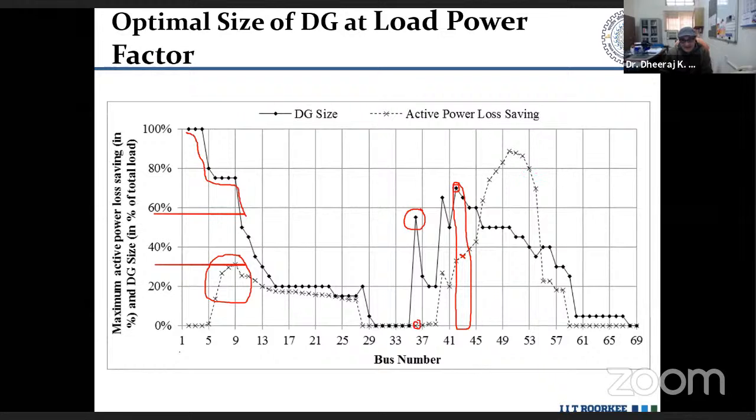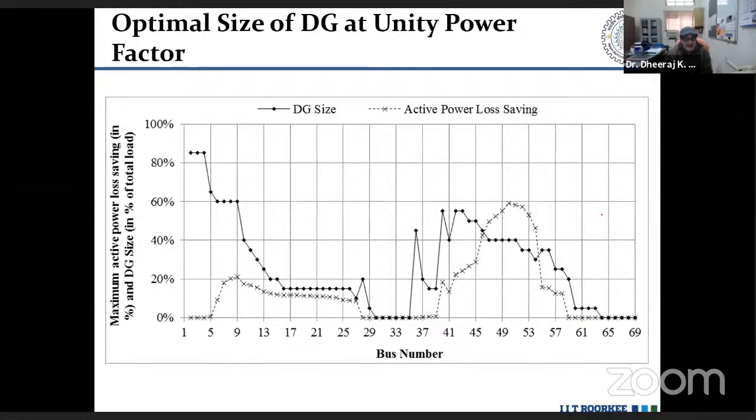Here we can see that we can achieve maximum loss saving of about 90% by placing a DG of this size at bus number 50. So placement of DG at bus number 50 will result in maximum power loss saving. A similar exercise was executed considering DG operation at unity power factor.